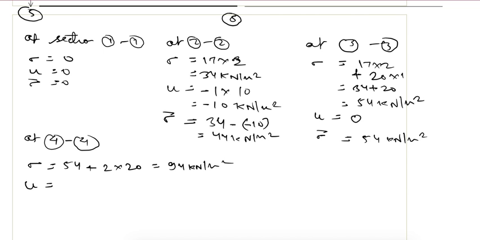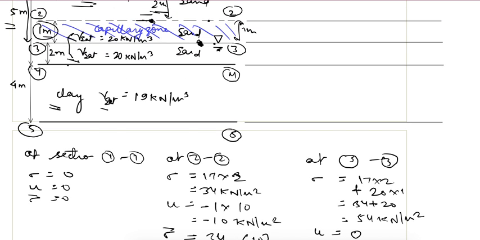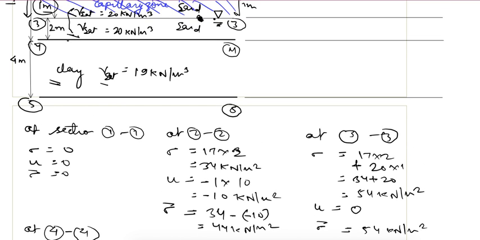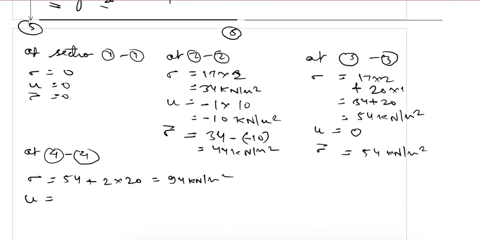And U is equal to, now we are talking about the hydrostatic pressure. So section 4 is at 2 meter below this water table. So it is equal to 10 into 2, that is 20. So effective stress is equal to 94 minus 20, that is 74 kilonewton per meter square.